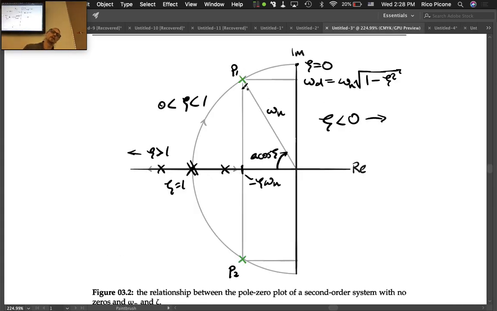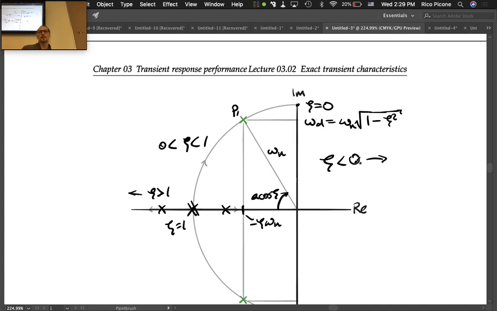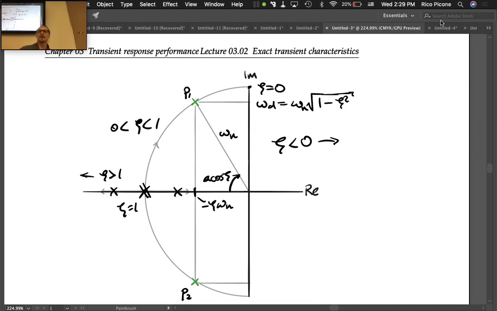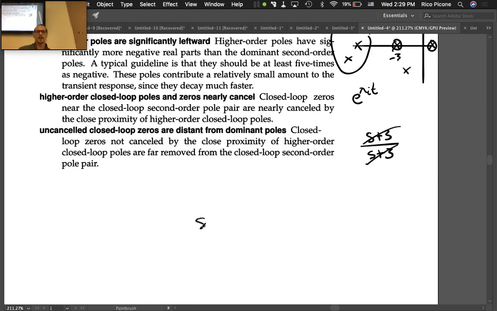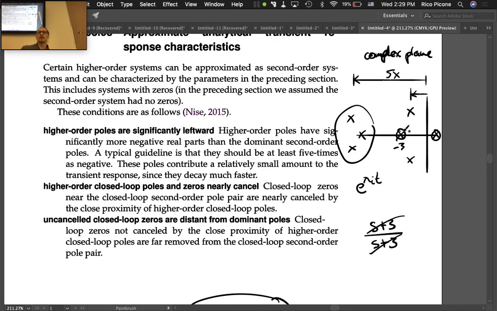We put the poles here, with the imaginary axis and the real axis. This comes from the fact that in our transfer function, s is a complex number. It has a real part plus an imaginary part. And so this is the real and imaginary map we're using in this figure.